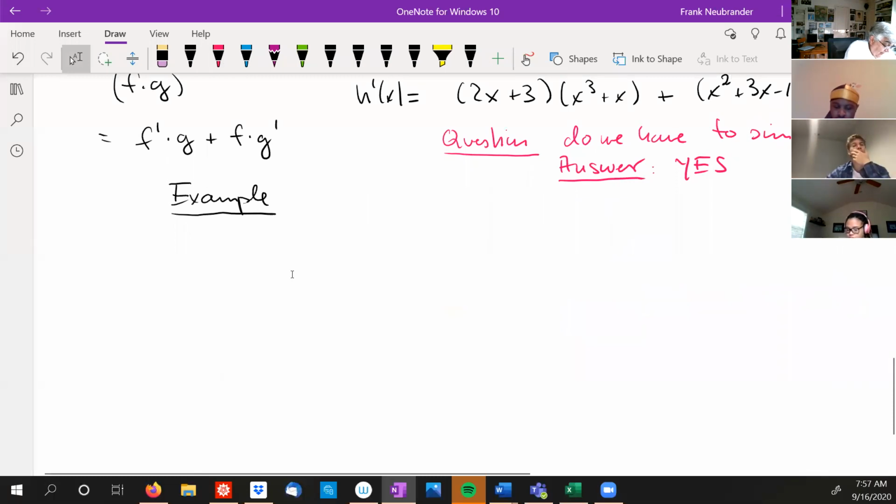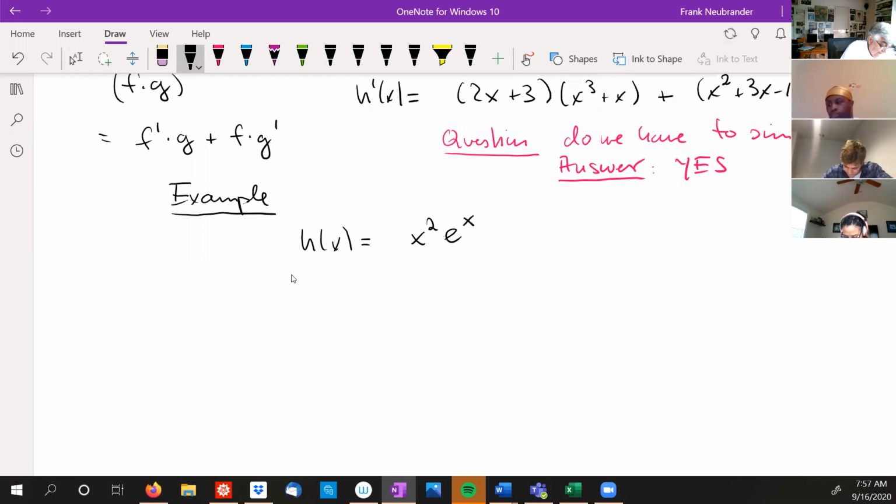So maybe an easier example to make it clear what happens: take h of x equal to x squared times e to the x. Okay, first question is, for which values of x is this function defined?